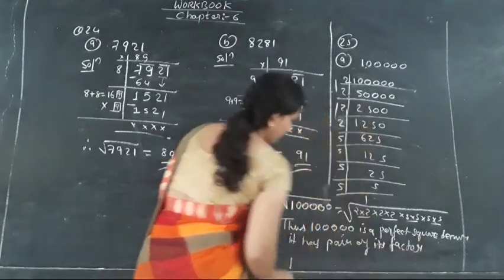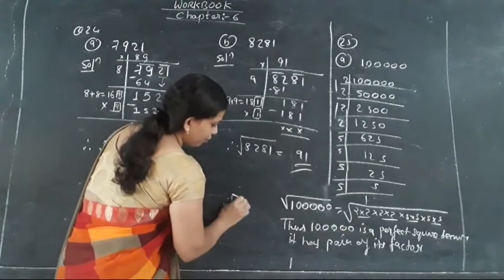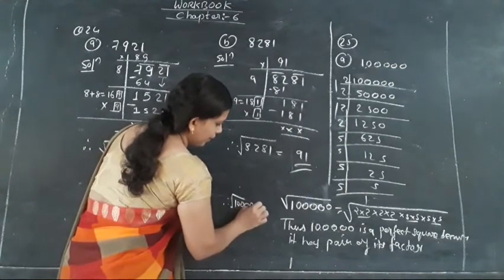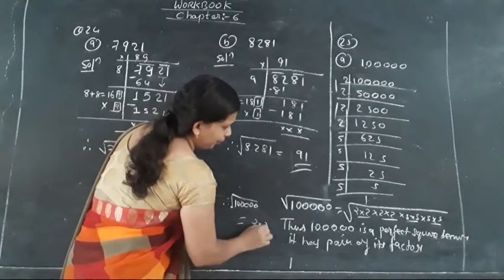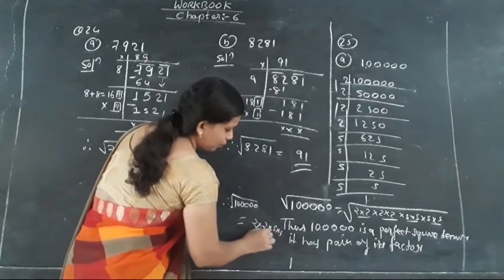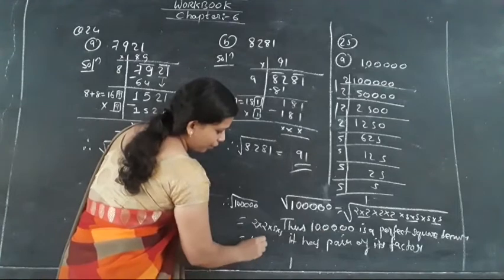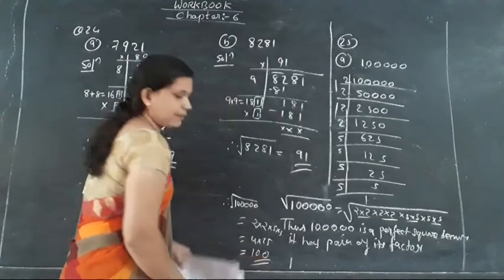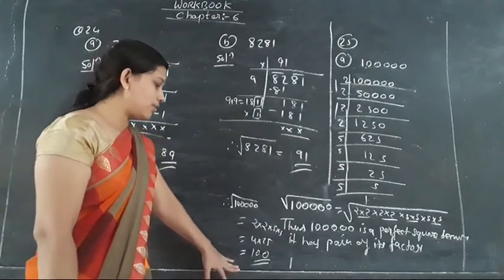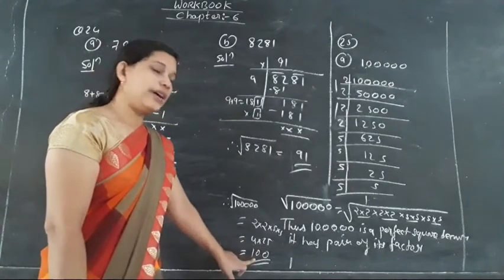Okay, so we can see that therefore 1 2 3 4 5 6 is 2 into 2 into 5 into 5. So 2 into 2 is 4, 4 into 25 is 100.